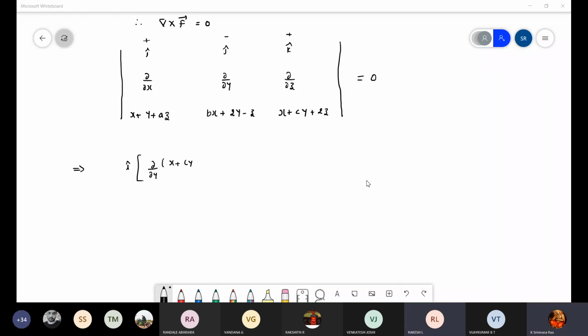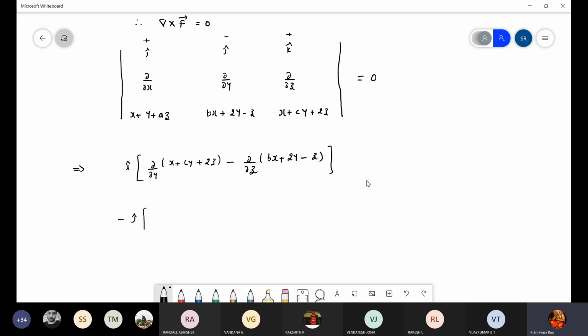So dou by dou y of x + cy + 2z minus dou by dou z of bx + 2y - z. As usual, the first row and first column you ignore, and you will get the 4 terms as a 2 cross 2 determinant.